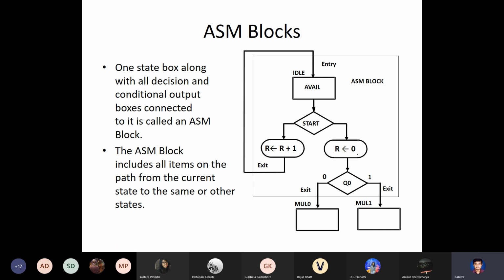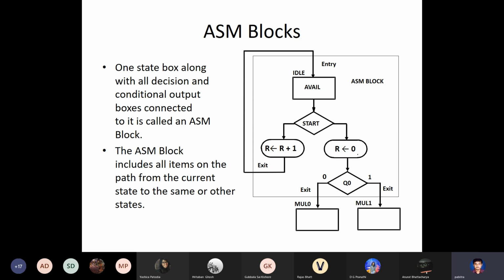In a normal C program or whatever software program you write, there is no timing sequence. Suppose you have two parallel paths, you don't specify when this will happen and when that will happen, or whether this will happen after that or not. So there is no timing mentioned.